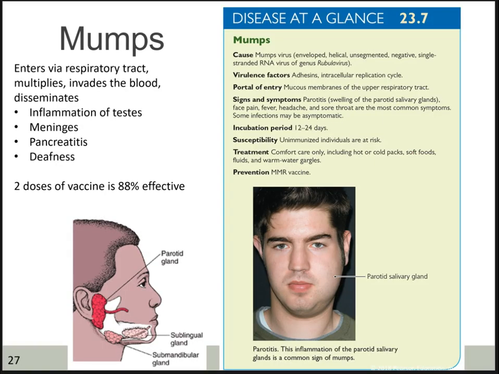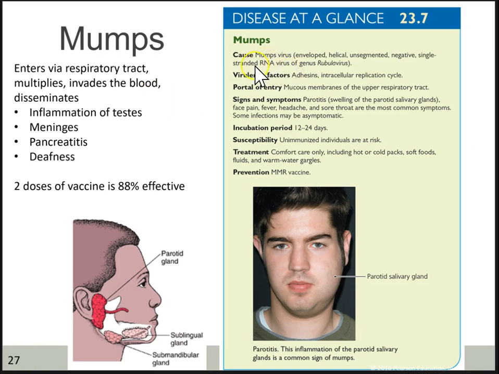So what is mumps? Mumps is an infection of the salivary glands. There are actually a number of different infections that can result in mump-like symptoms, so swelling of the salivary glands. In this particular case, the virus enters via the respiratory tract.